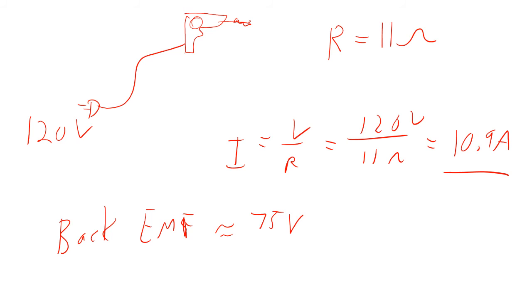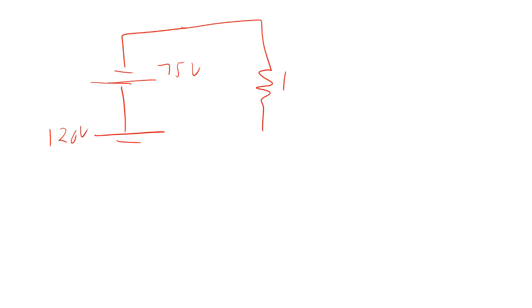Okay, and so what's going to happen is this is going to act like 120 volts, and then it's going to act like there's a backwards EMF in here of 75 volts, and then an 11 ohm load.